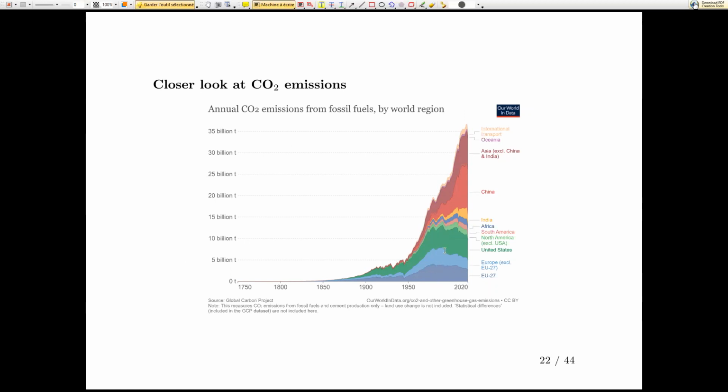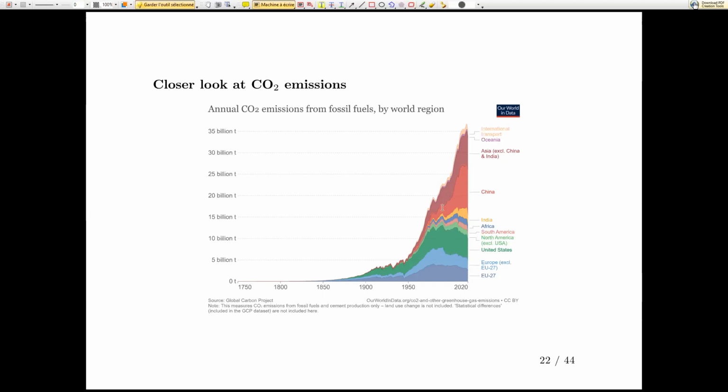As you can see, Europe has decreased its CO2 emissions by quite a large amount. North America doesn't look like there's much progress going on because it's about staying at the same height.